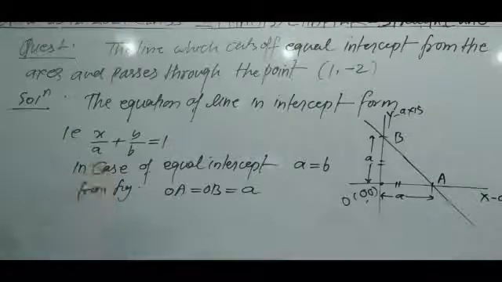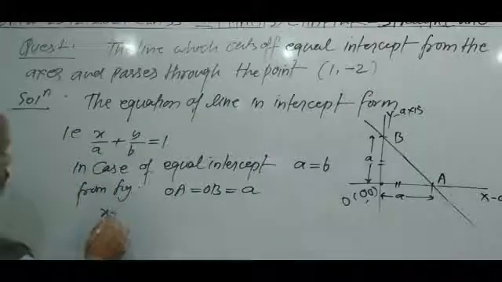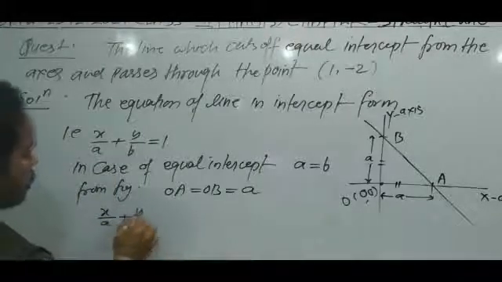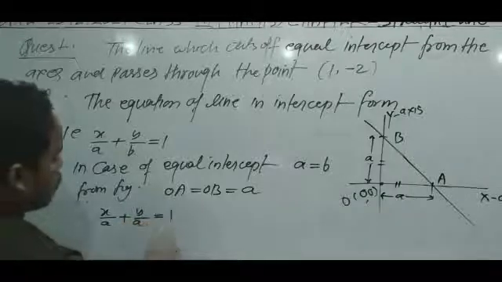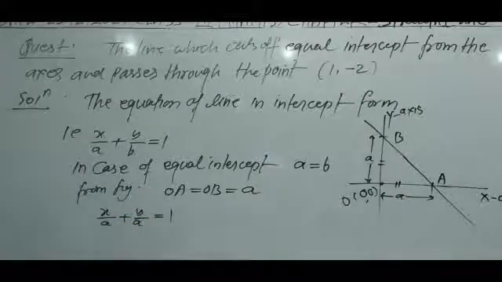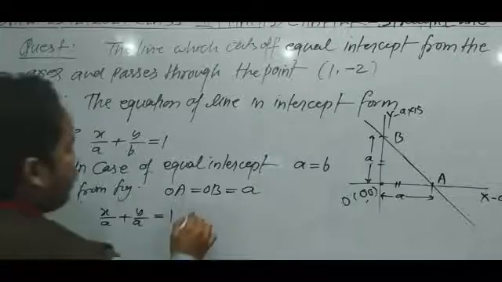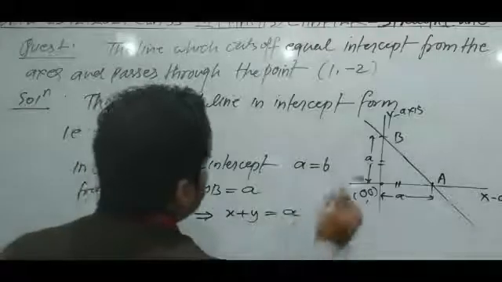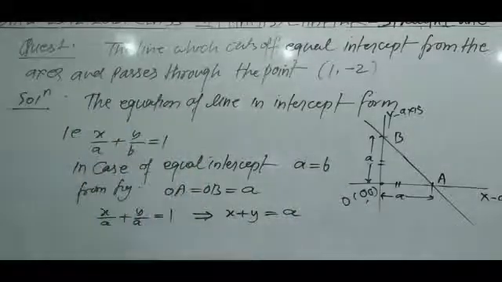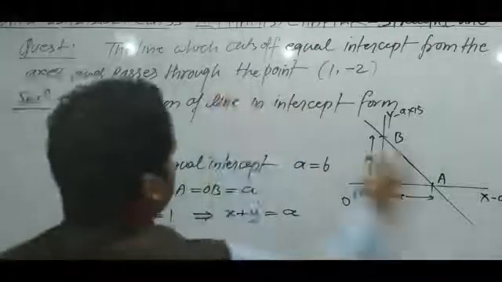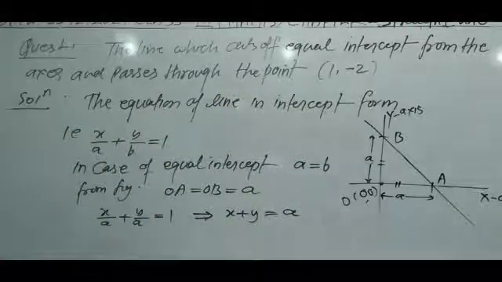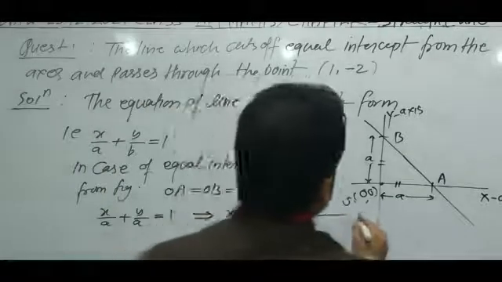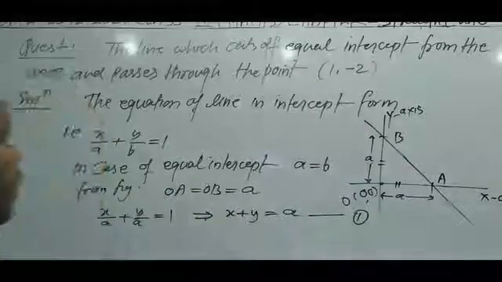So when you put x upon a plus y upon a is equal to 1, you can see x plus y is equal to a. This is the equation of the line, consider it as equation 1.